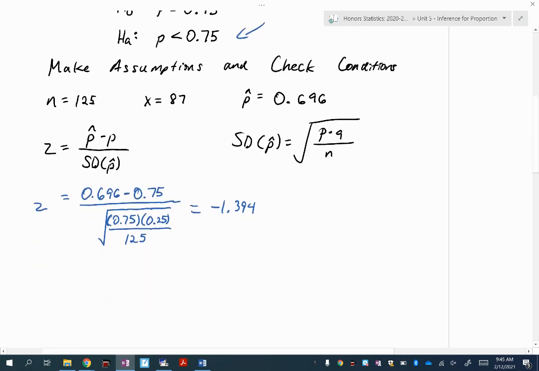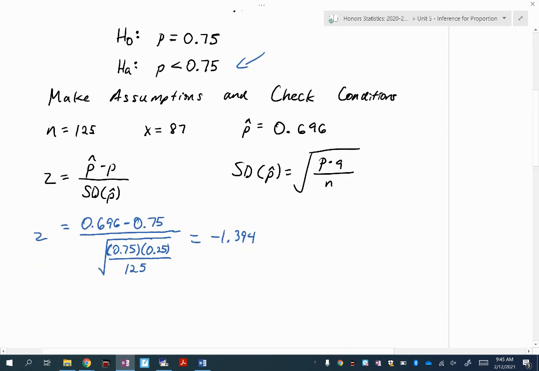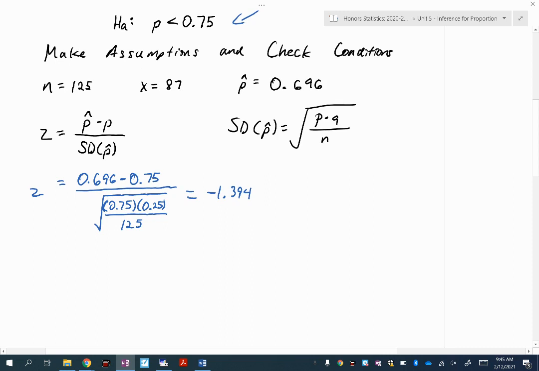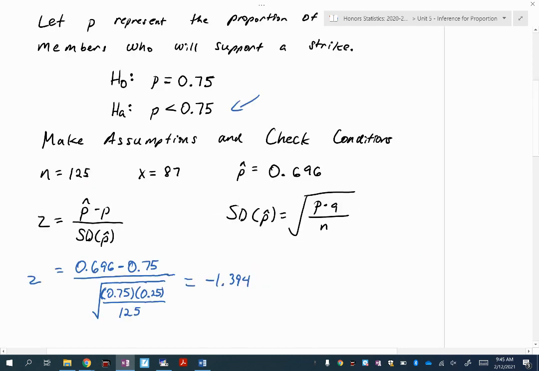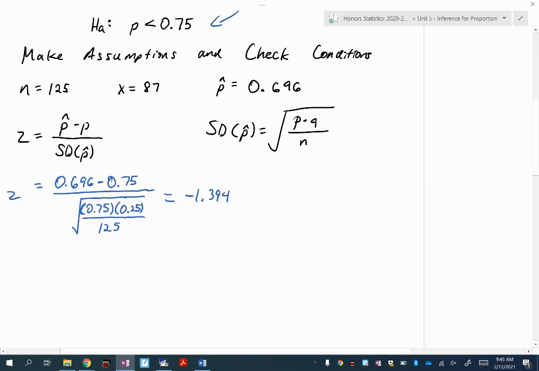So ultimately, if we're trying to prove that it's below 75%, we would expect our sample proportion to be lower than 75%. So because it is, you can look up there and see it's like 69.6%. That's why it's a negative z-score. So that doesn't surprise me. If my alternative hypothesis says less than, I'm expecting a negative z-score. If I don't have a negative z-score, but my alternative hypothesis says something like greater than, then I'll be a little confused. Okay?